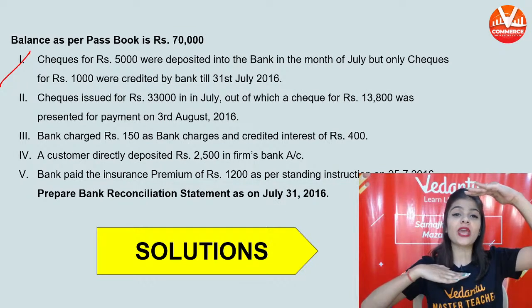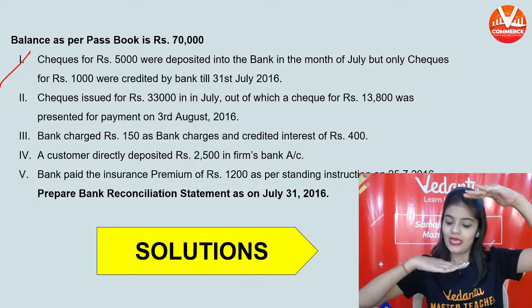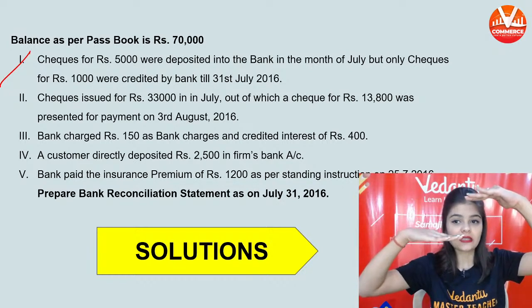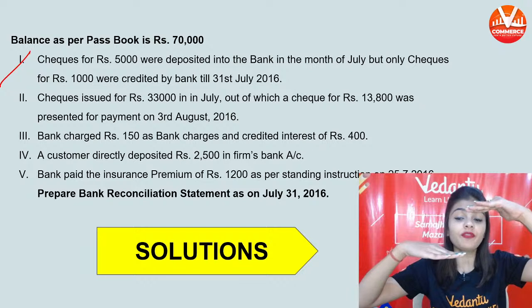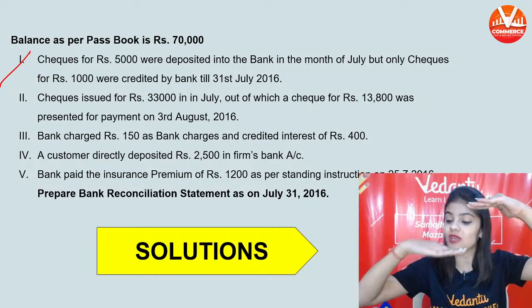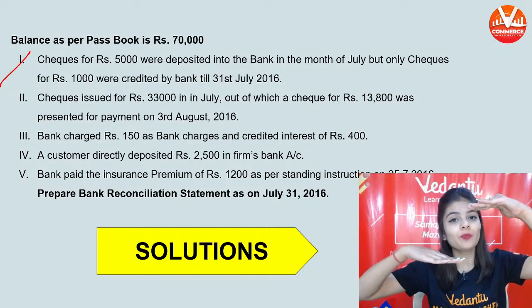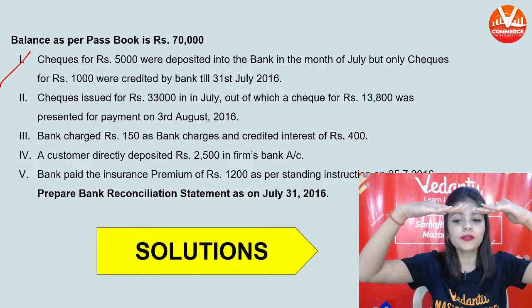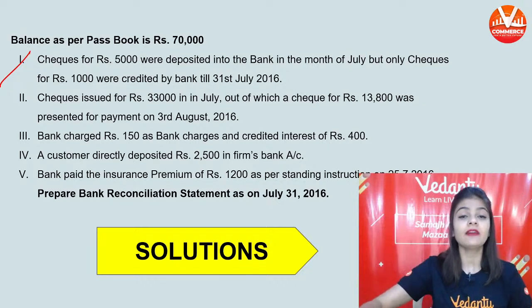But only check of 1,000 was credited by bank. In the passbook, only 1,000 is credited. So can you see there is a difference of 4,000? We have to make changes in the passbook. So what we will do in passbook? We will add 4,000 in the passbook. हम क्या करेंगे? Add करेंगे 4,000.